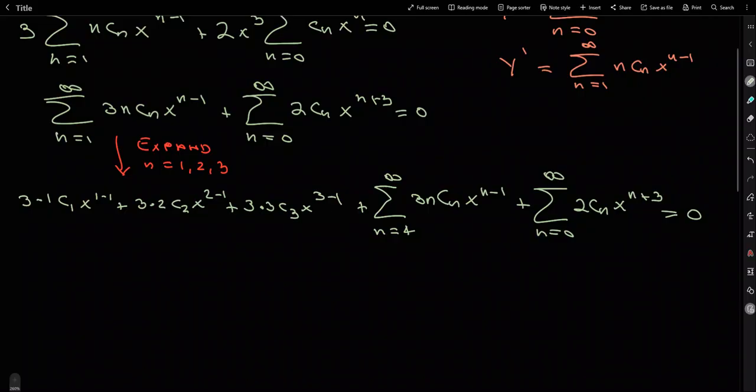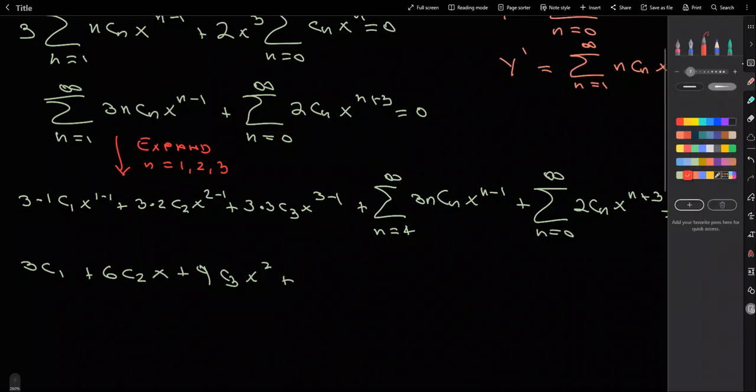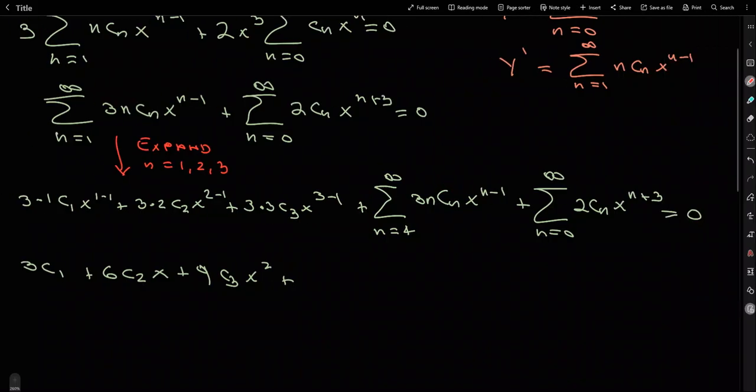That's going to leave us with 3c1, x to the 0, which is simply 1, plus 3 times 2, which is 6, c2, x to the 2 minus 1, which is just x, plus 9 c3 x squared, plus, how about we do the complete shifting on the first series?